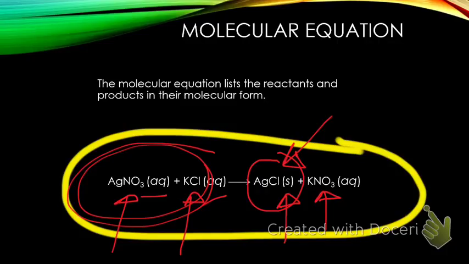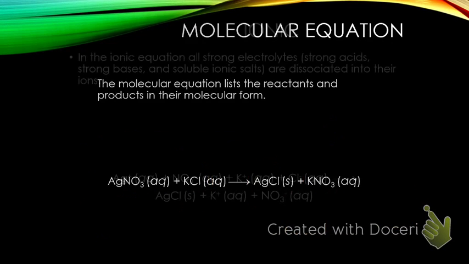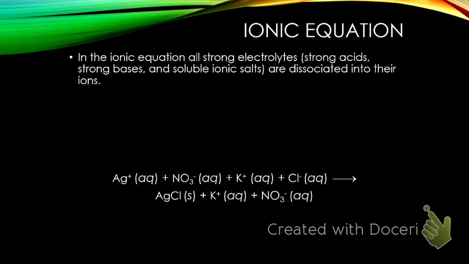So we can write what's called the ionic equation. In the ionic equation, anything that's a strong electrolyte, so we're talking about our strong acids, our strong bases, and our soluble ionic salts, dissociate into their ions. So, in this example, we now have silver, which is aqueous, nitrate, which is aqueous, potassium, which is aqueous, and chloride, which is aqueous.